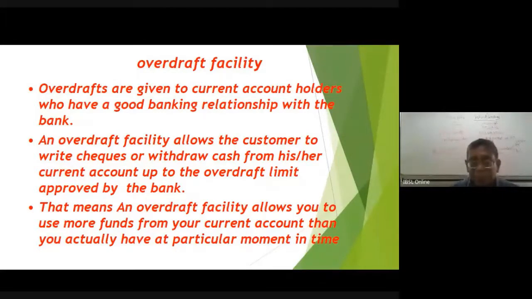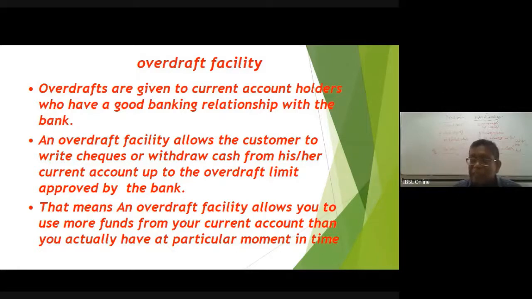That's the question. What is the answer, yes or no? Just because you have a current account, can you get an overdraft facility?